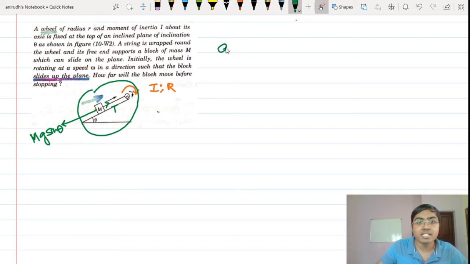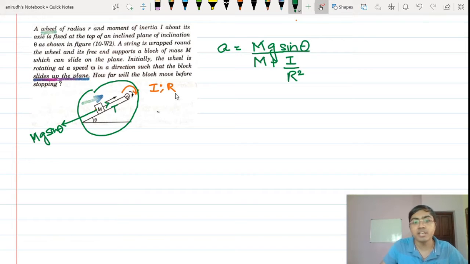So what is the acceleration here? The acceleration will be equal to mg sin theta, that is the net external force, divided by the total mass. One mass is m and the other is the pulley, but since the pulley is rotating, I have to consider it as I divided by r square, where r is the radius of the pulley, which is given in the question.